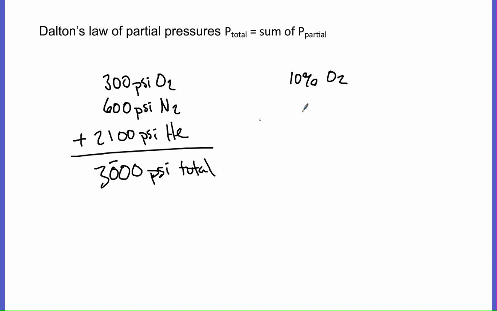I could have told you that 20% is nitrogen, and you probably could figure it out because it's got to be 100 total. 70% of that mixture is helium, right? And I could work off of that as well. So it could be a percent problem. It could be parts, add them up to equal a whole, right? Let me show you what the percent problem might look like.